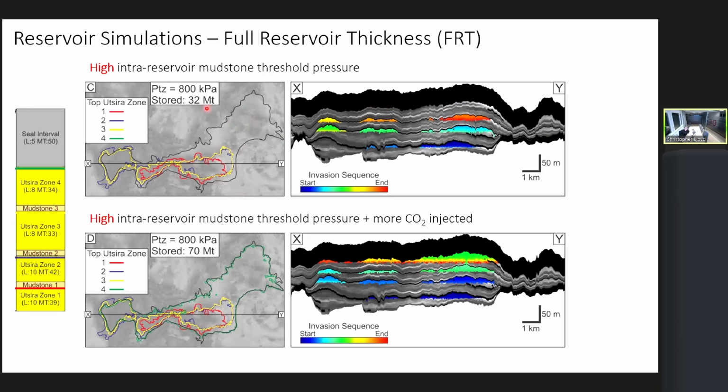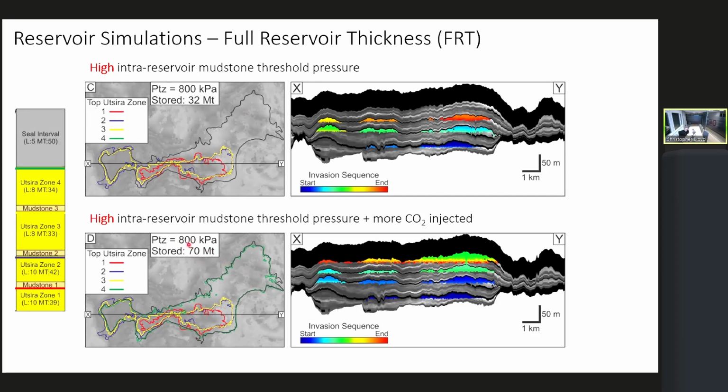So we increased the actual injection amount to 70 million tons, and once we reached that, then we filled the structure. Any further CO2 and it would leak out. But what this highlights is how important understanding those threshold pressures of the mudstone is to how much it increases the capacity.